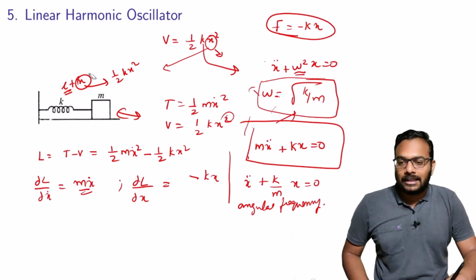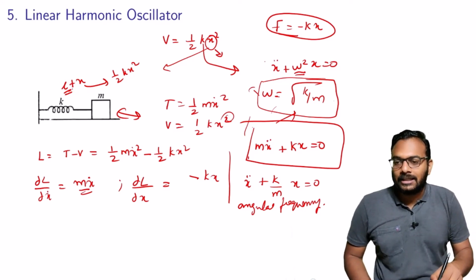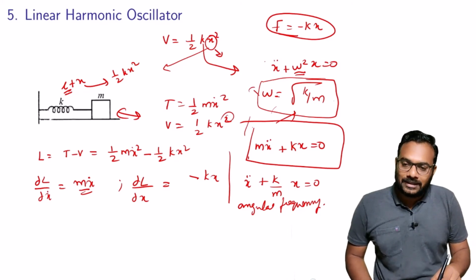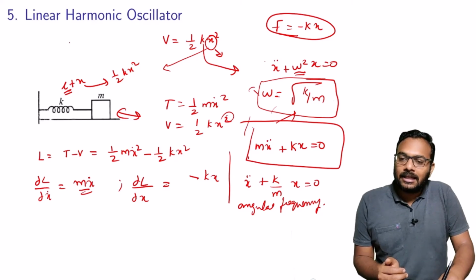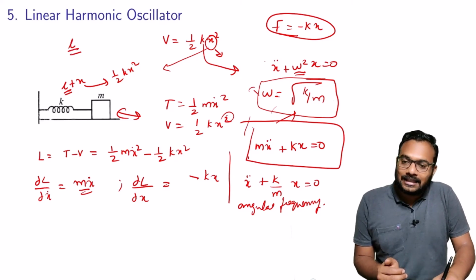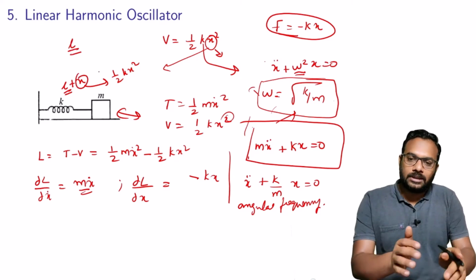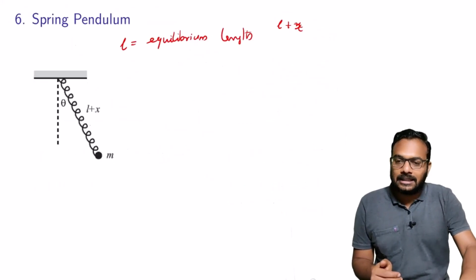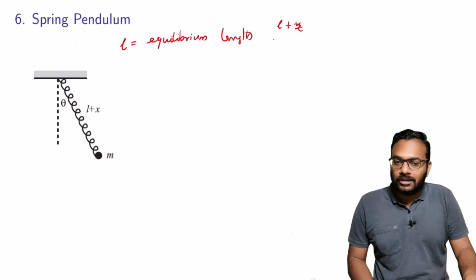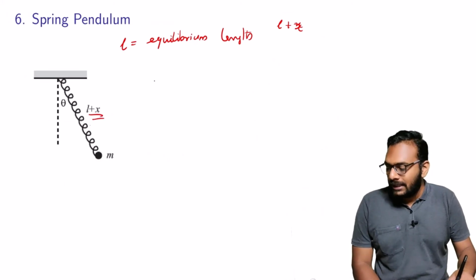We have taken the zero potential energy as corresponding to the length L, and the elongation is x, and then it all works. This implicit idea was there, but here we state it more clearly. L is the equilibrium length, and the length we can write as L plus x.